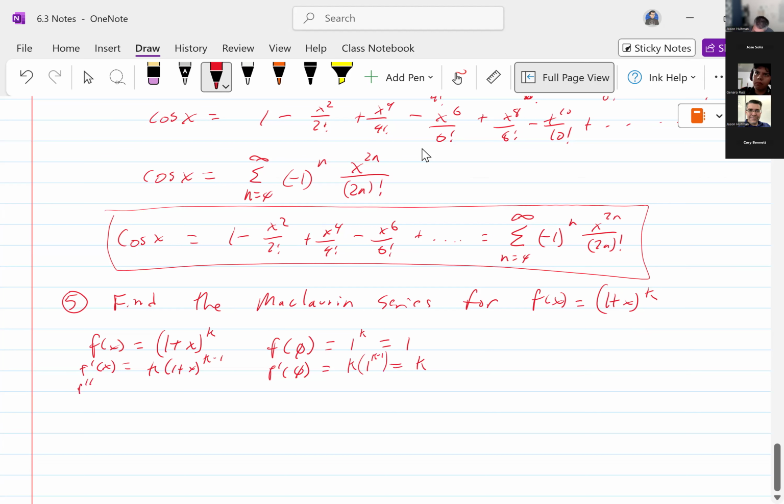The second derivative is going to be k times k minus 1 times (1 plus x) to the k minus 2 power. So the second derivative at 0 is k times k minus 1 times 1 to the k minus 2 power, which is just k times k minus 1. Hopefully you can see the pattern developing here. We'll do one more.